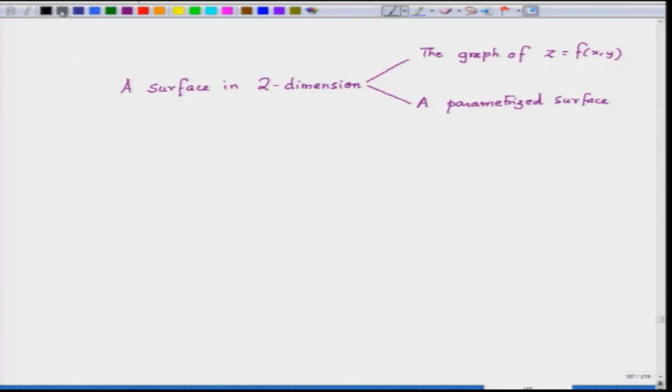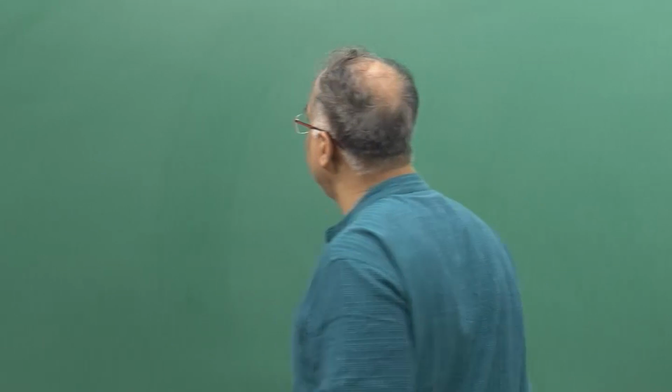Now, we will talk about a surface which is the graph of z equal to f(x,y), and let me see how I try to compute its area. Please understand, area can be viewed as a vector.